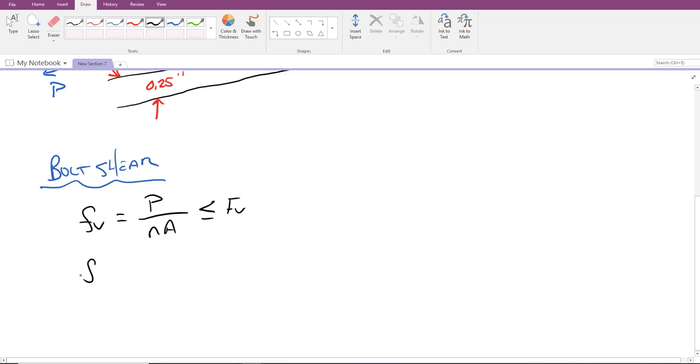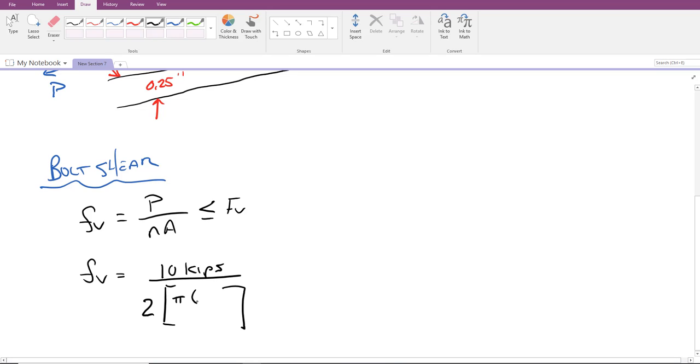So let's go ahead and plug these values in. We've got 10 kips as the load acting on this connection. We've got 2 bolts within the connection. We need the cross-sectional area of the bolts, so we could do pi r squared, or pi times diameter squared over 4, which will also give us the same number.